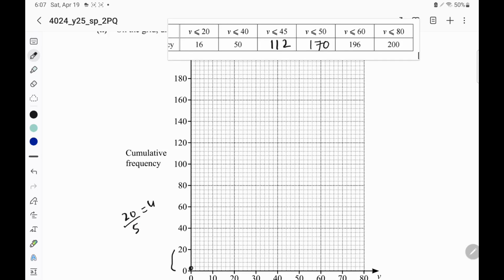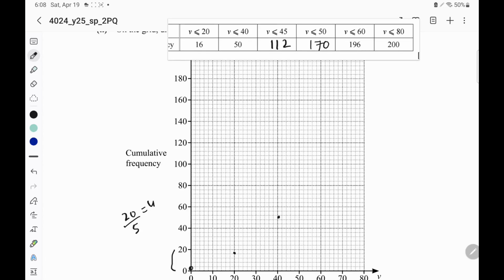So the next number is 20, 16. All right, then the next is 40, 50, which lies between 40 and 60.